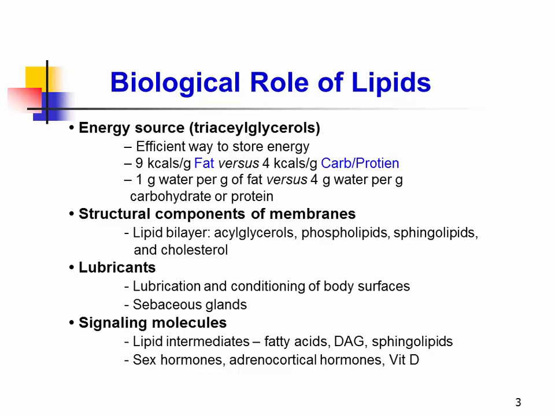And the last one is actually very important. Recently it has gained a lot of attention because some of the lipid intermediates play a very important role as signaling molecules, so they can regulate whole body metabolism. I'll just take one example, the ketone bodies.